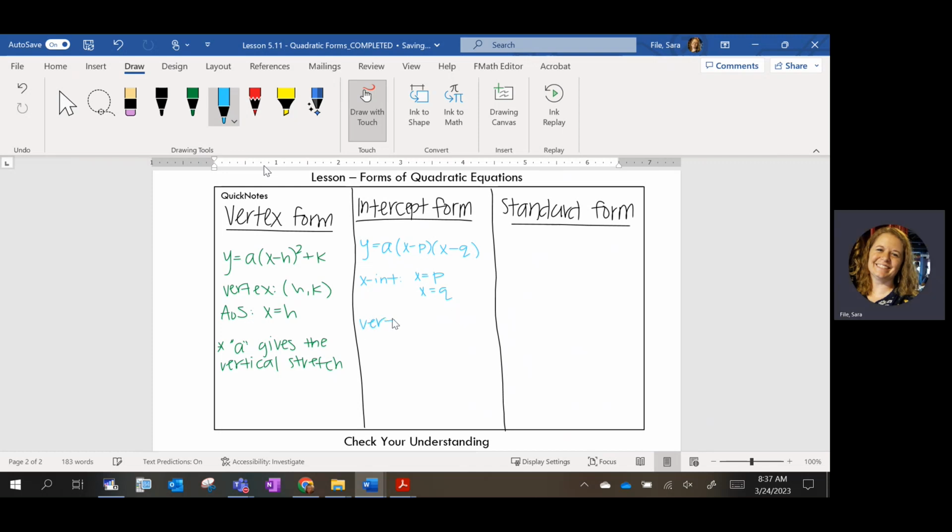You use those to get the vertex we just said. You do p plus q divided by 2. And plug in.